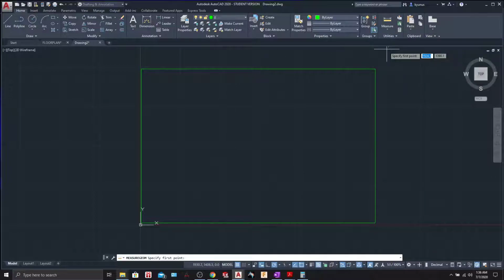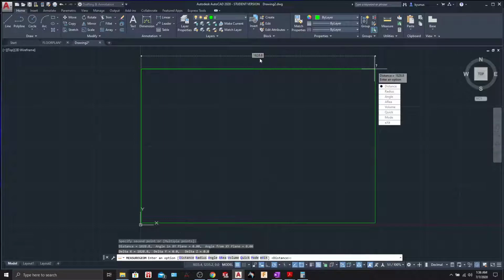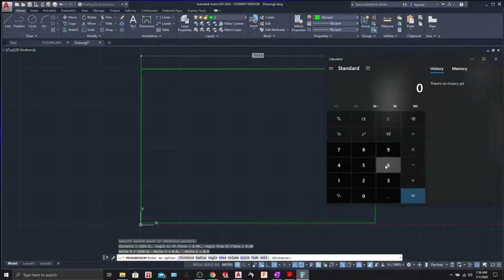Now if I go to measure the distance from here to here, it is 1828. Now if I take my calculator out and we type in 6 feet, so that means 6 into 12, because there's 12 inches in each feet, and then we multiplied it by 25.4, so it is very accurate, 1828.8.